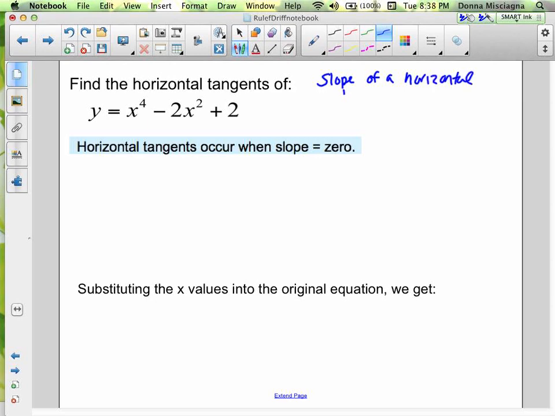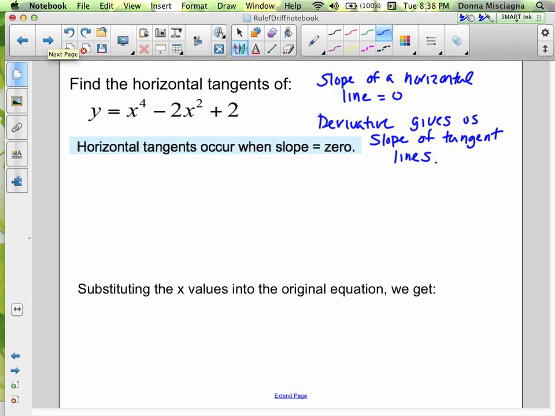So we're going to take that derivative because the derivative gives us the slope of the tangent line. I put lines because there's many. There's an infinite number, depending on which point you decide that you want to use.